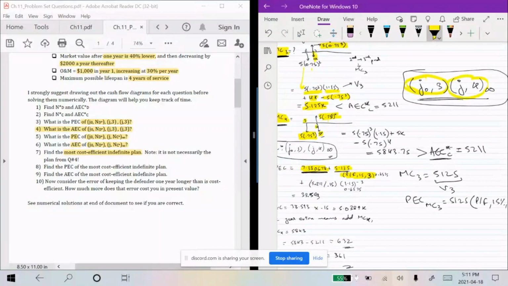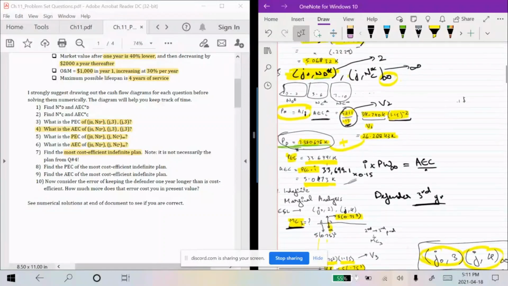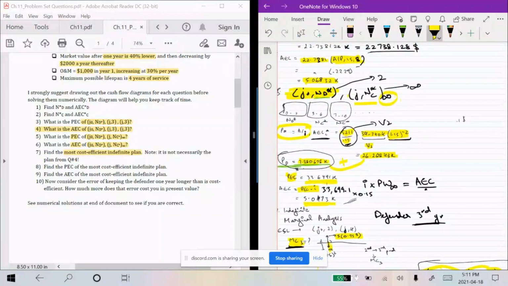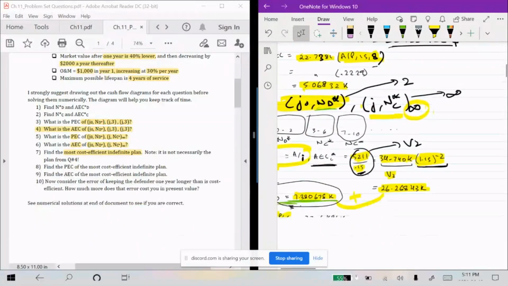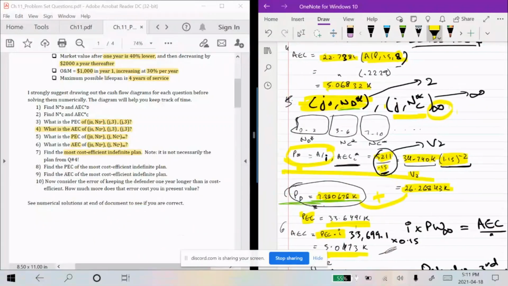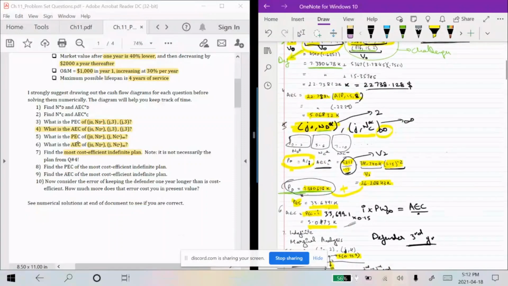Now we need the challenger. For the challenger, again, we use the same method that we used here in this question. You see the challenger was following an indefinite plan. So we use this method here. I'll zoom in. We use this, if you guys remember. We use this to calculate the AEC and then the present equivalent cost for the challenger.